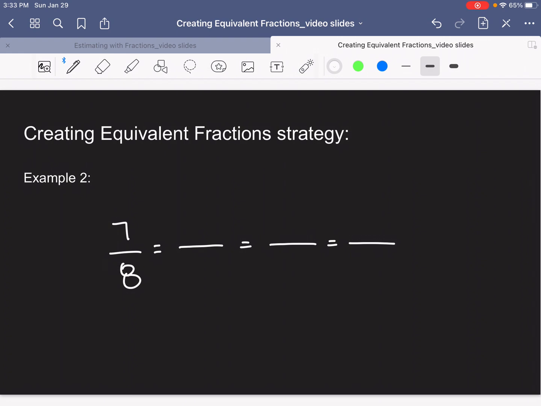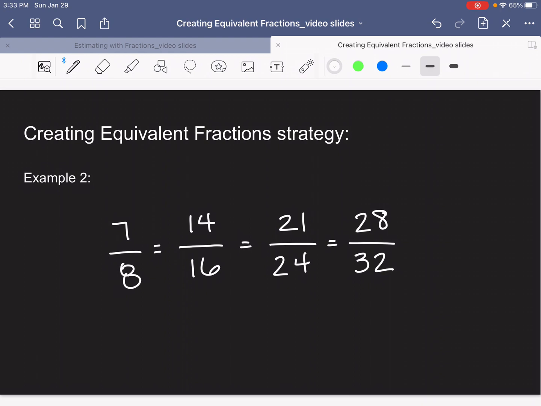I'll count by 7. 7, 14, 21, 28. Then I'll count by my denominator 8. 8, 16, 24, 32.